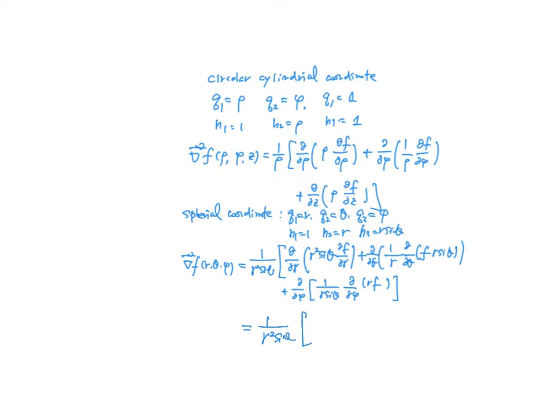Sine theta you can move out. So 1 over r squared, partial r of r squared partial f, plus 1 over r squared sine theta, partial theta of sine theta partial f, plus 1 over r squared sine squared theta, partial squared phi of f. So I simplified a little bit.